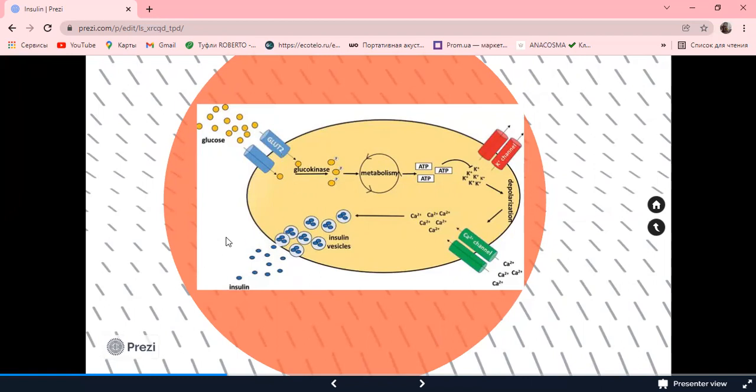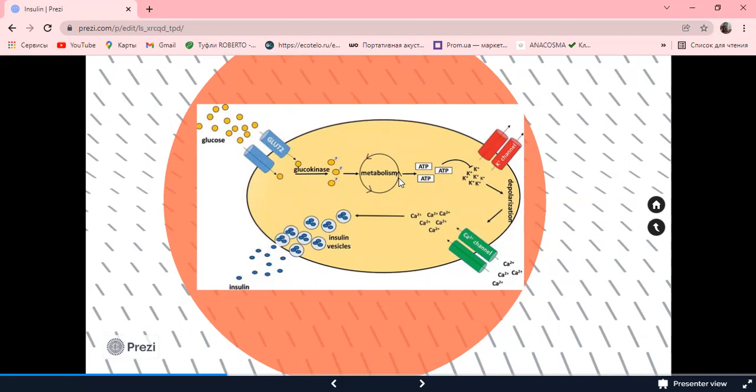GluT2 is active if the concentration of glucose is increased in the bloodstream, and in this case there is formation of a glucose gradient. After transport of glucose into beta cells, glucose is phosphorylated and involved in metabolism. Glucose is transformed into pyruvate.